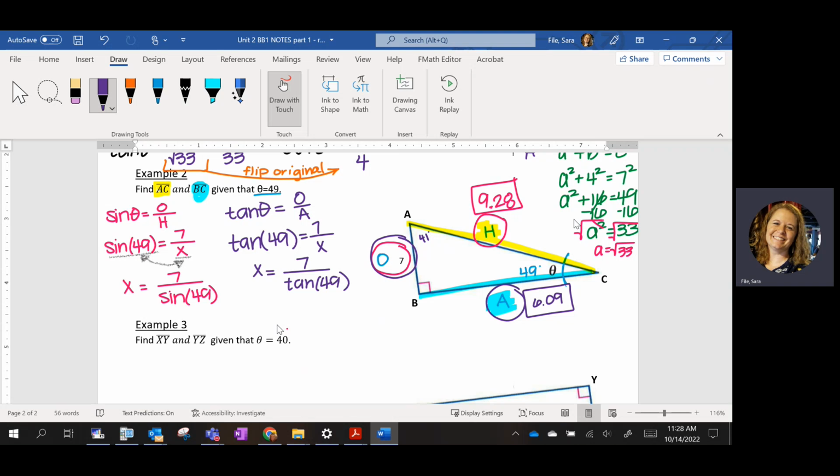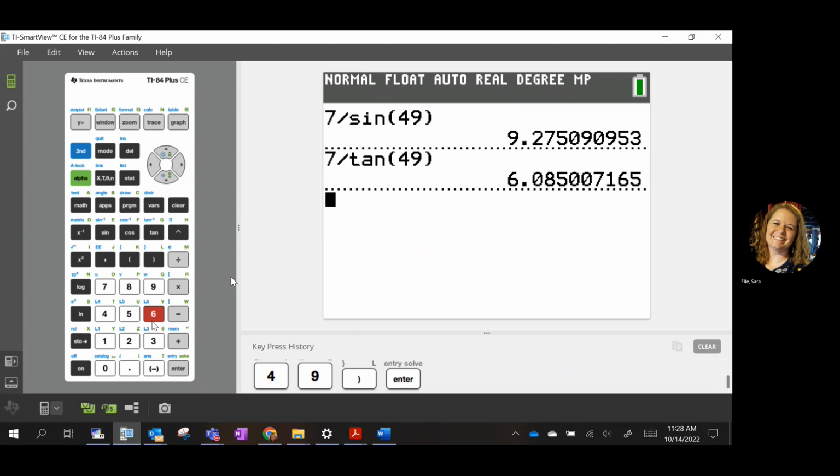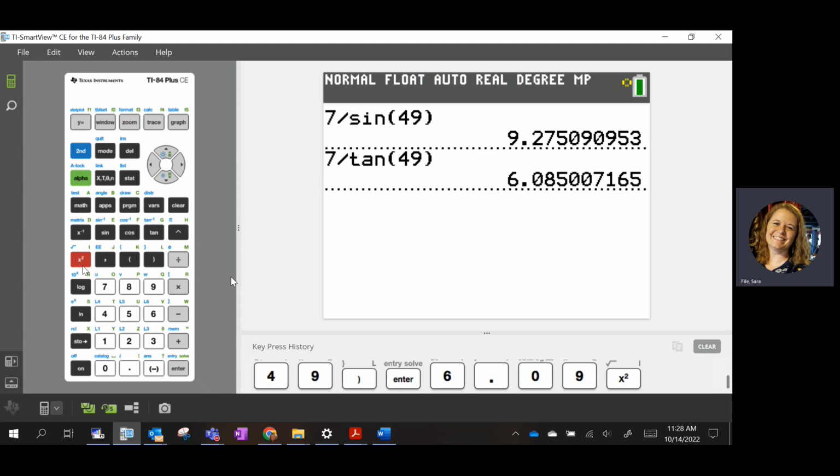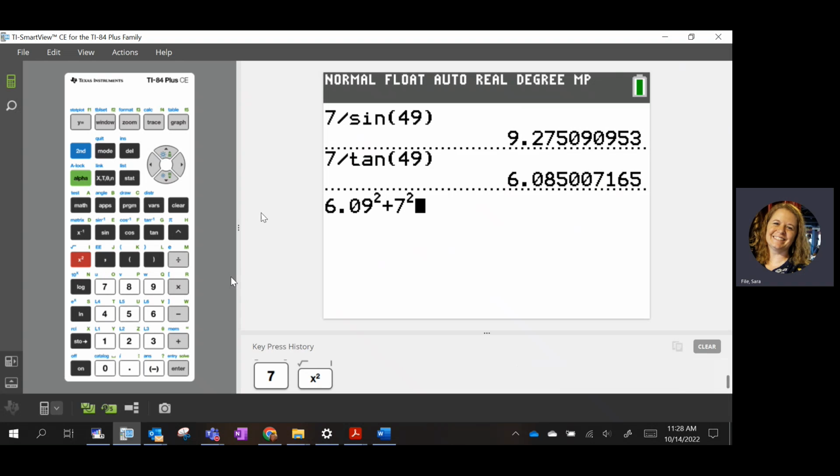The other thing you can do to check when you're finding missing sides is Pythagorean theorem. You could go in and say, okay, a squared plus b squared must equal c squared, right? So I got 6.09 squared plus 7 squared. 7 was the other leg.